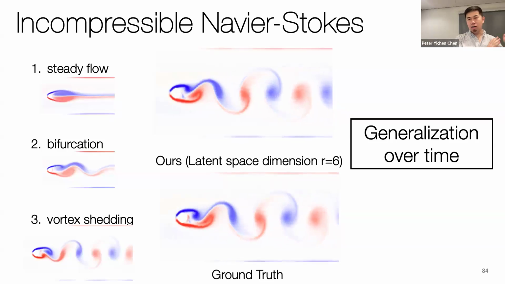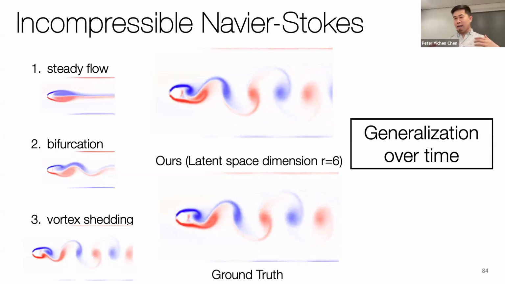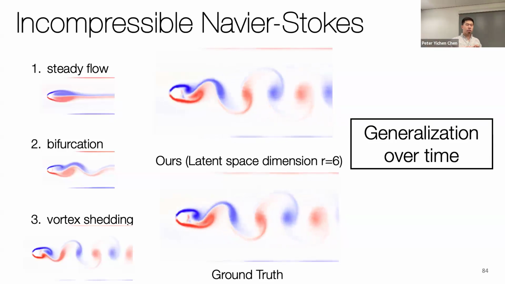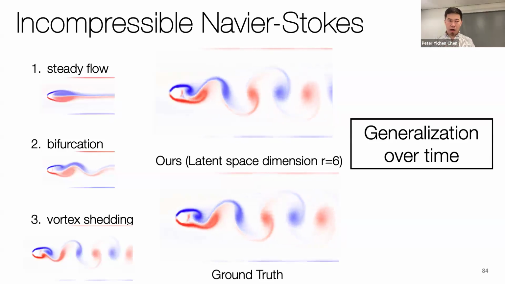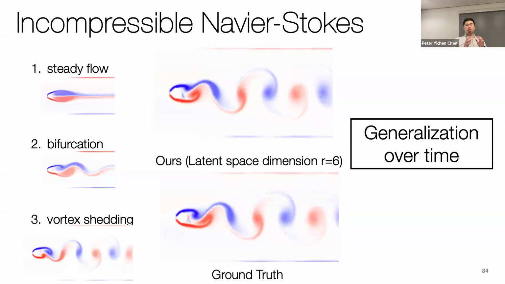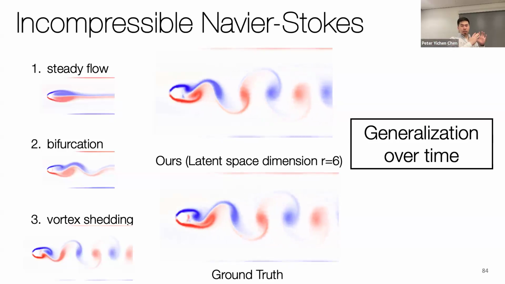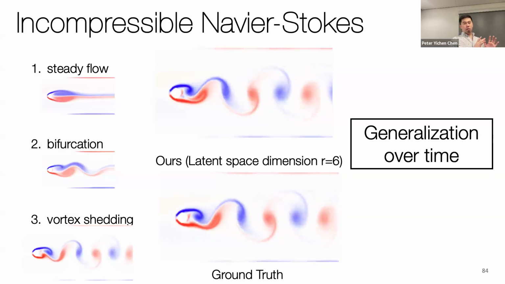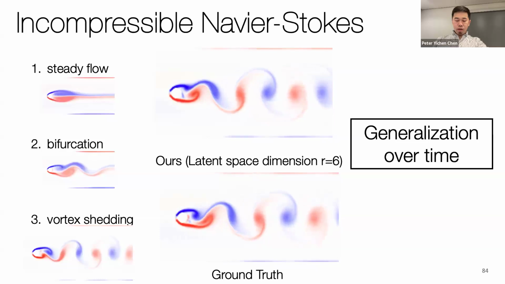And this simulation can go on for a very, very long time. Again, the point of this example is to demonstrate that we do use neural networks, but the neural network is only used to build us a sort of function space. But the solver is still done through the traditional methods. So therefore, we can drive these simulations for a very, very long time.